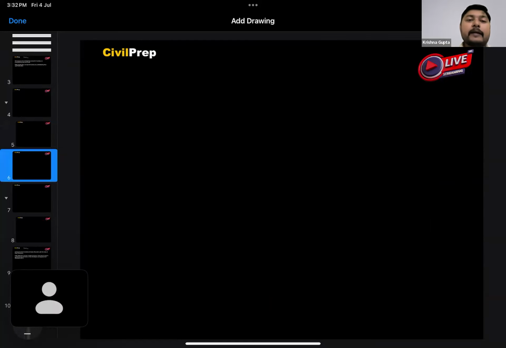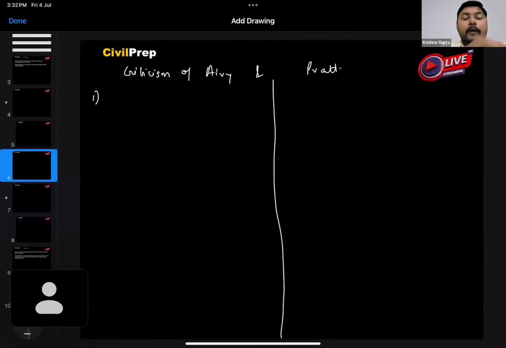But when we look at the criticism, we need to also provide the criticism of Airy and Pratt. Number one, with Airy's part, it was seen that the materials present over Earth had varied densities.